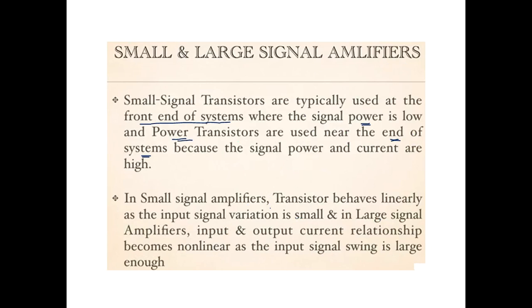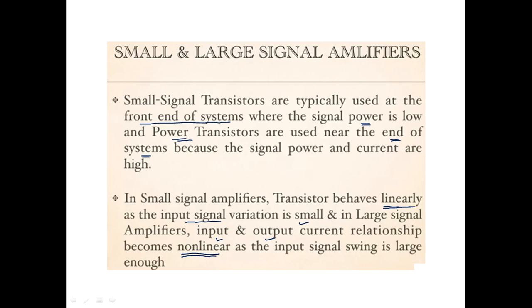Further, in small signal amplifiers, the transistor behaves linearly. Please focus on this word. In small signal amplifiers, the transistor behaves linearly as the input signal variation is small, whereas in large signal amplifiers, the input and output current relationship becomes non-linear. In most power amplifiers, the relationship is non-linear.